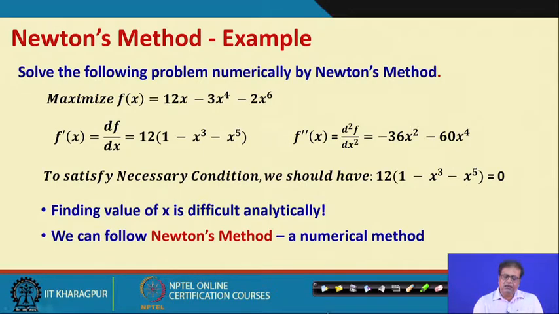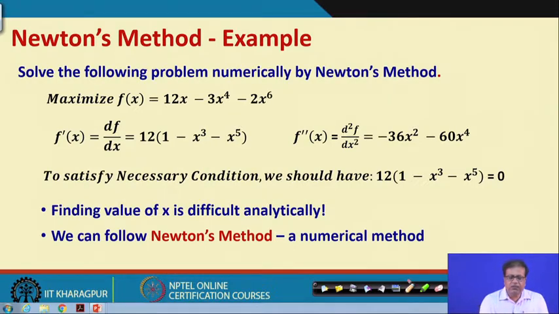At a given point, if I take the derivatives, that is the first derivative and the second derivative, what will be our first derivative? The first derivative f dash x will be 12 minus 12 x cube minus 12 x to the power 5.